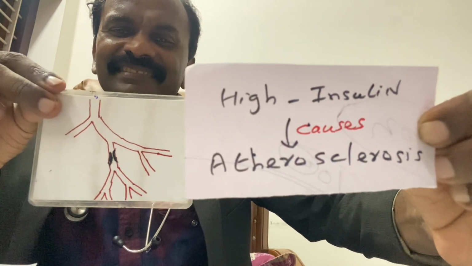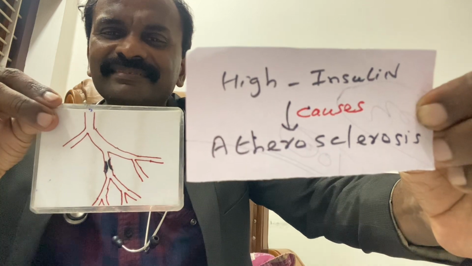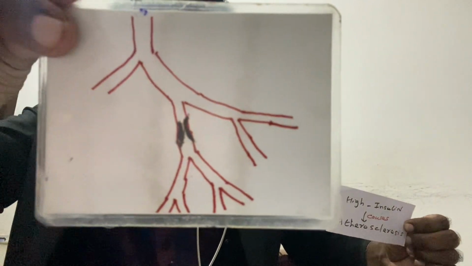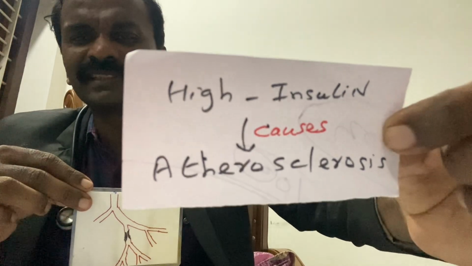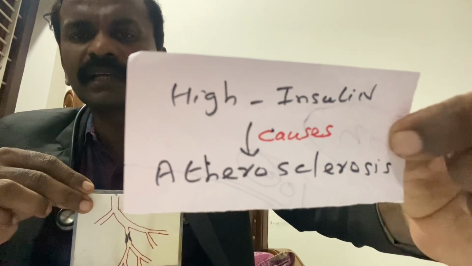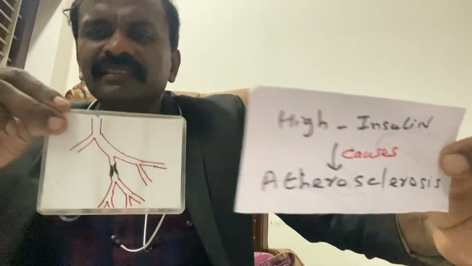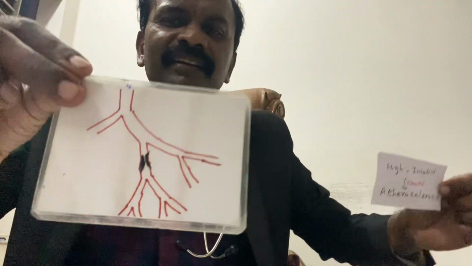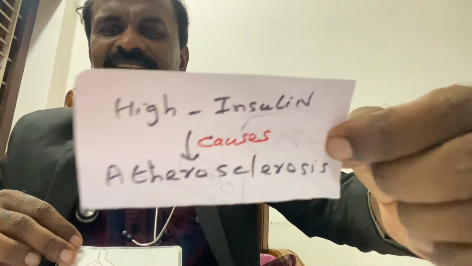That blockage is shown in black color. Did you see this block? This block is called atherosclerosis. So high insulin causes atherosclerosis. Got it?